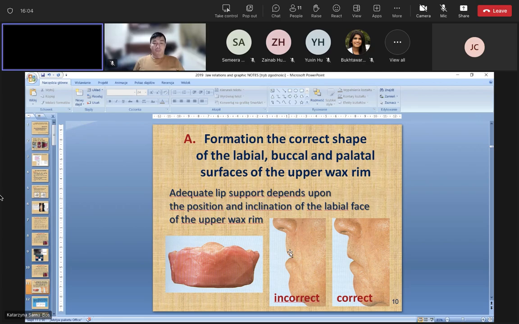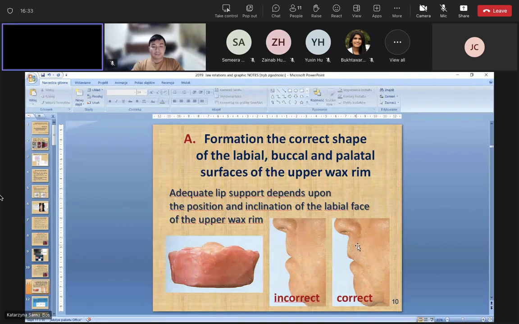Also the angle between the upper lip and nose is obvious. The angle between the nose and the upper lip should be a right angle, and the support for the upper lip should be at a good level.